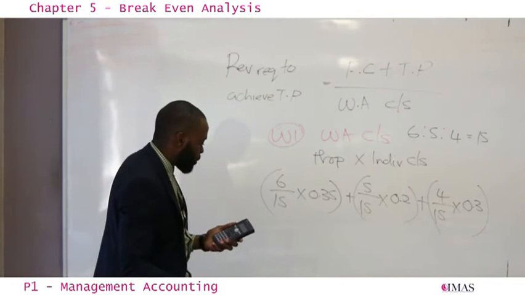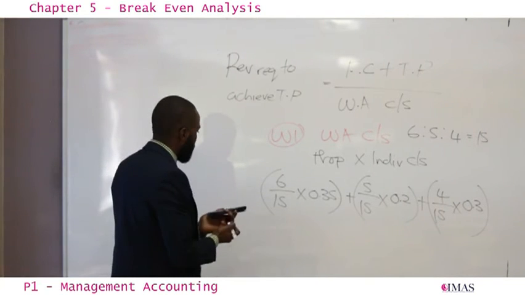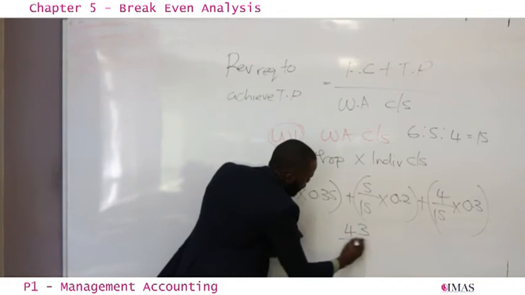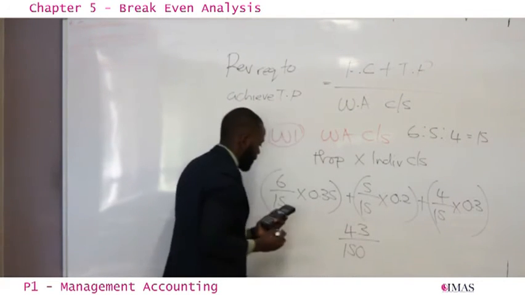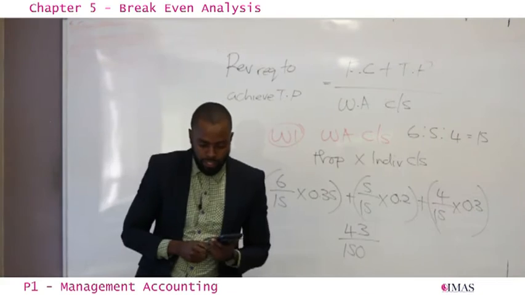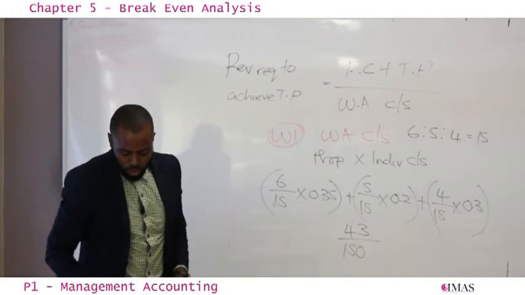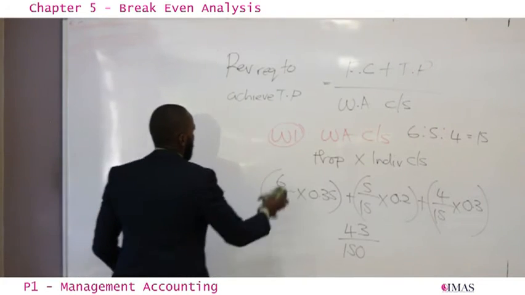You get your answer 0.28666. I prefer to keep it as a fraction. So the fraction is 43 over 150, or you can convert it. But converting it now, if you're going to round off your answer, might give you problems. So you might get a wrong answer.